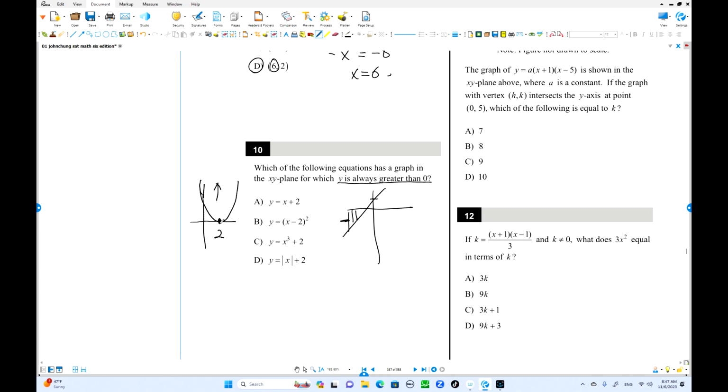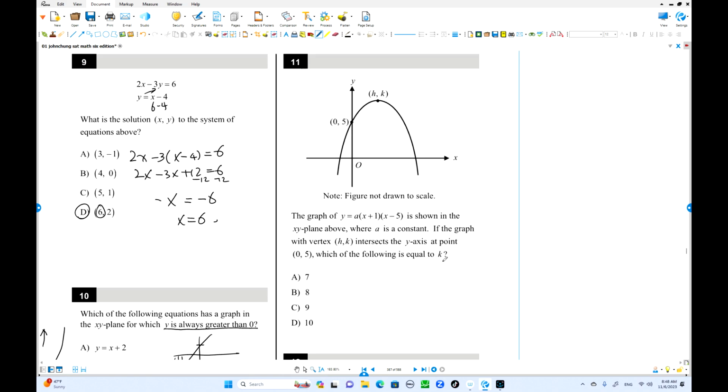At this time, x equals 2, y equals 0, right? Not greater than 0. This also looks like this graph. This is 2, right? The cube. This one is what? x is 2 over here. This is the absolute value, right? Okay, this point is called what? Vertex or turning point. (2, 0) is a vertex or turning point. Okay, they're always greater than 0, right? Okay, choice D is the answer.